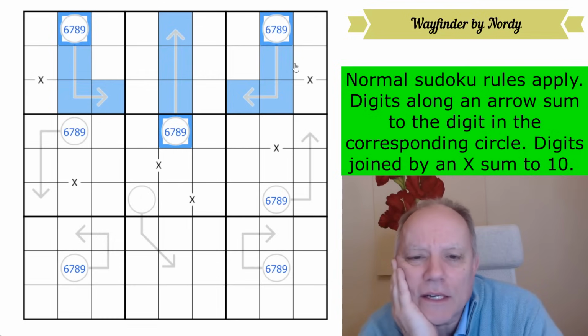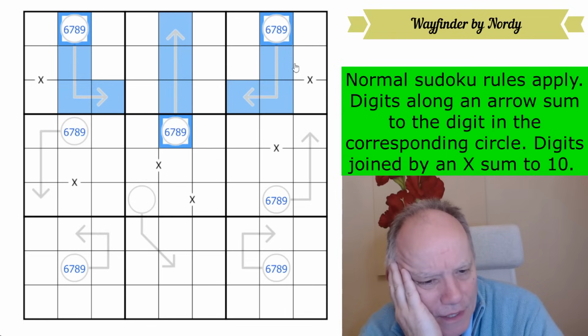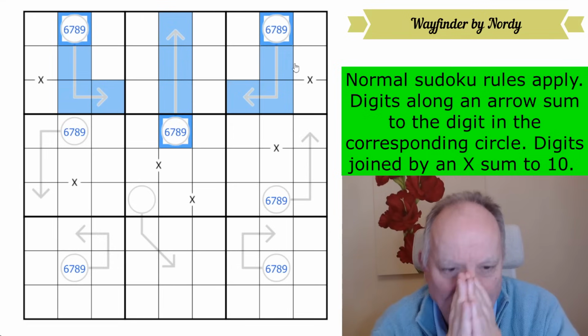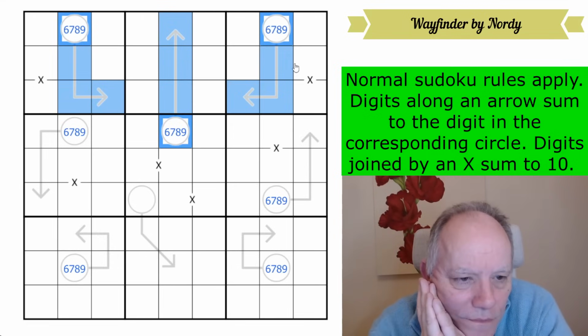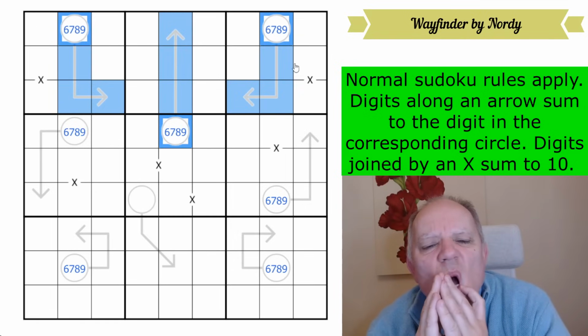And that turns out not to be very helpful at all. I was hoping to come up with a sum that let me put something in. I'm not really getting this at all. Right, okay, let's have another think. Oh.